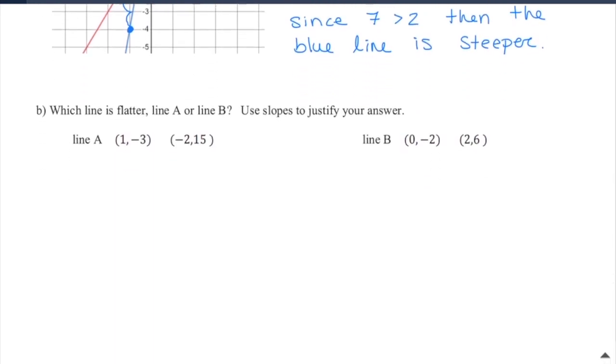In question B, it's important to note that they're asking which line is flatter. So I want the smaller magnitude this time. Again, they asked me to use slopes to justify my answer. This time, though, I'm given 2 points, so I need to use y2 minus y1 over x2 minus x1 to calculate the slope of each line.